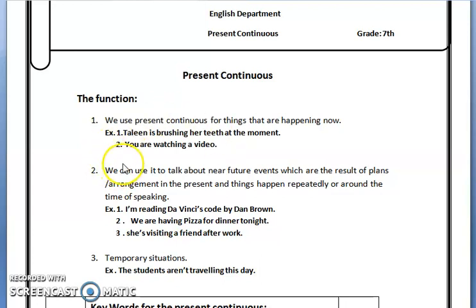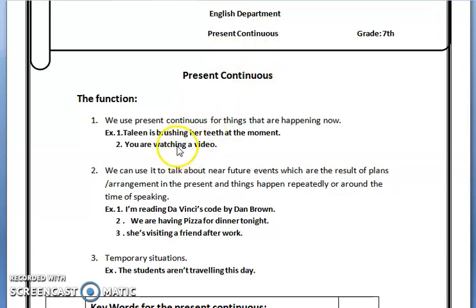Okay, second one. You are watching a video. If I go inside a room and I find my brother or my sister watching some kind of video, YouTube, etc., on the laptop or on TV, what will I say? I will say, you are watching TV or you are watching a video, as we see here in the example. You refers to a person, and are goes with you, and watching here refers to the action we are talking about. Why do we have it as a continuous tense?